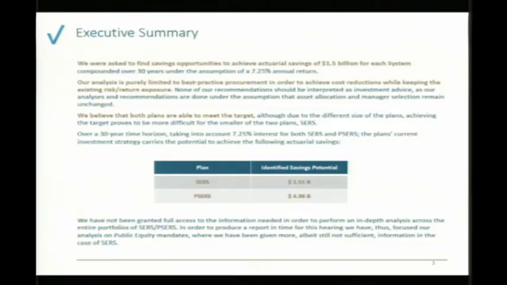One more thing, just for the record, we have not been granted full access, or we have not received all the data we would have needed to do a full deep dive analysis. So we are very comfortable with the results we're presenting today, but they're also very limited to public equity, because we would have needed a lot more information to dive clearer into the other asset classes. I will come back to that later.